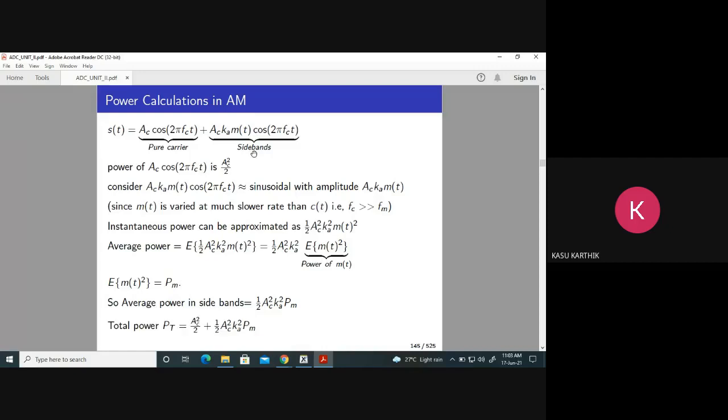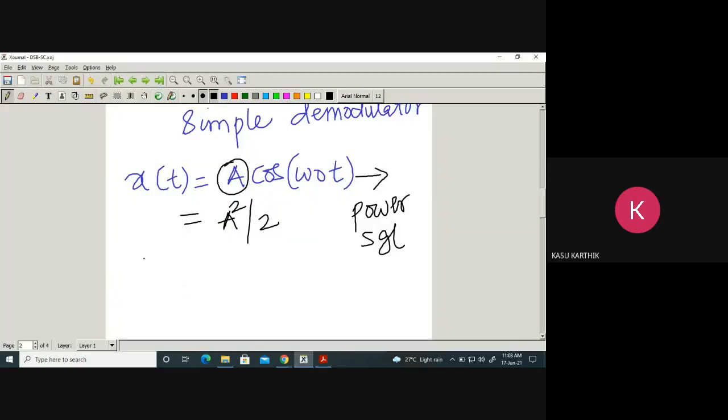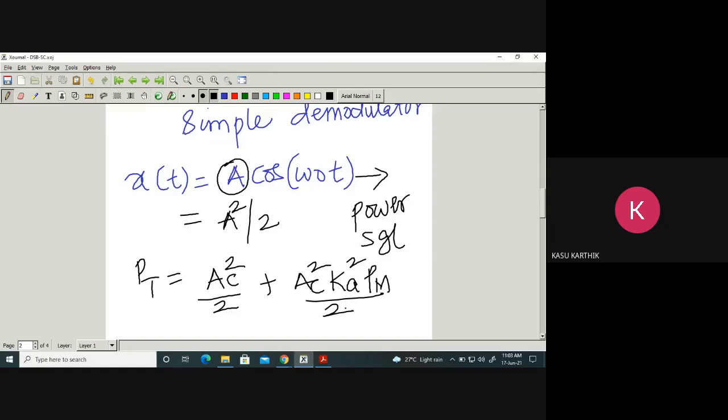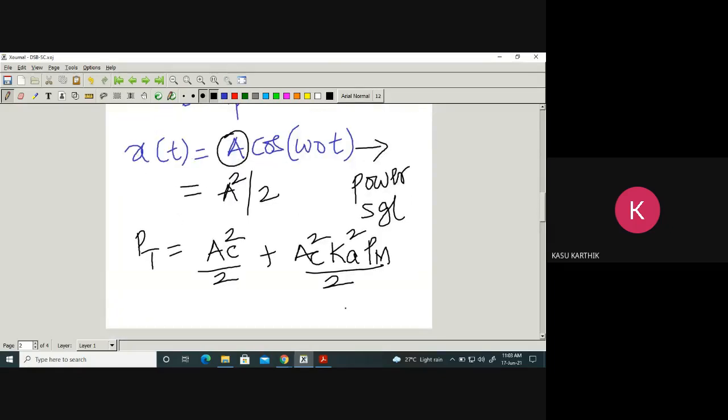The total transmitted power Pt equals Ac square by 2 plus this power. How much did you get? Total transmitted power is Ac square by 2 plus Ac square Ka square Pm by 2. Is it okay?